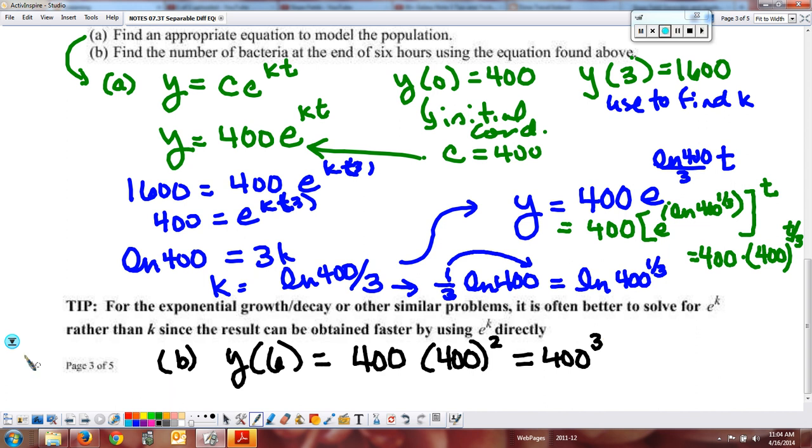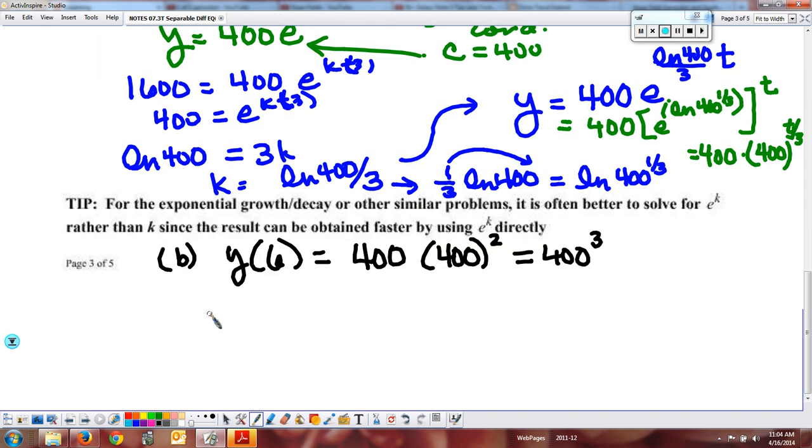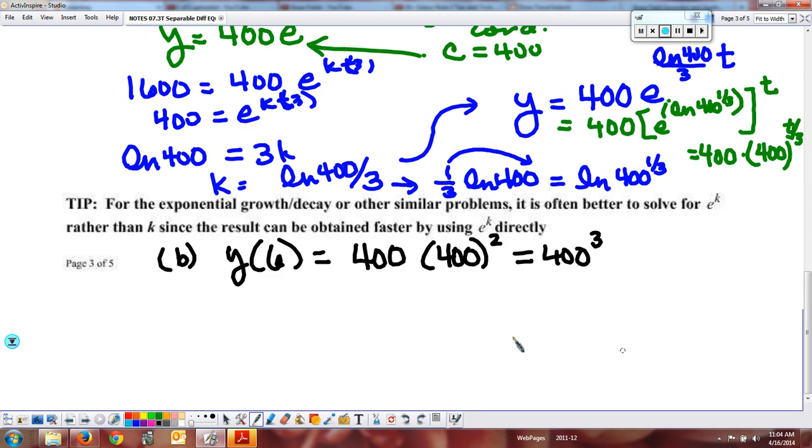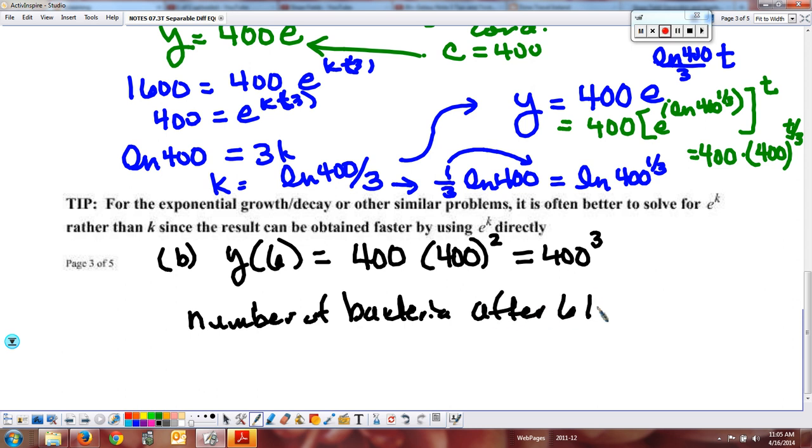If this was an AP free response question, make sure you answer the question thoroughly. So the number of bacteria after 6 hours is 400 cubed bacteria. All right, and then we can walk away from that one.